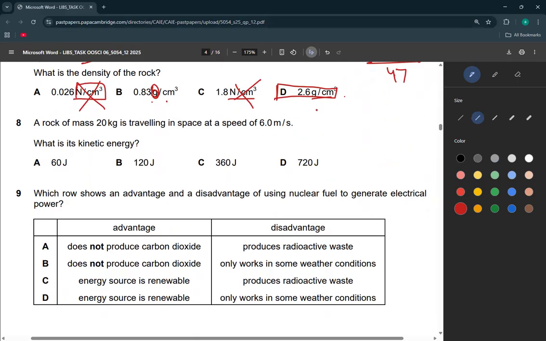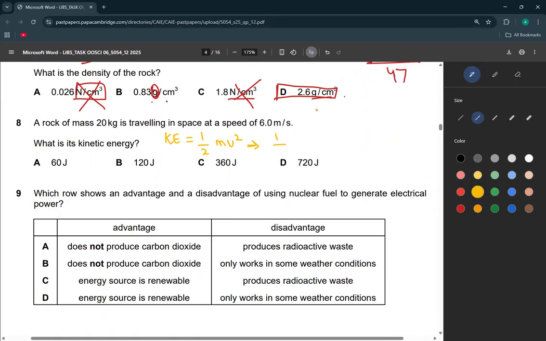A rock of mass 20 kilograms is traveling in space at a speed of 6 meters per second. What is its kinetic energy? All right. Formula for kinetic energy is KE equals half m v square. Let's input the values.